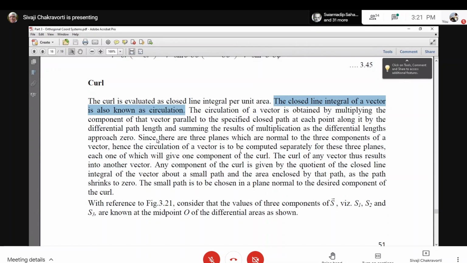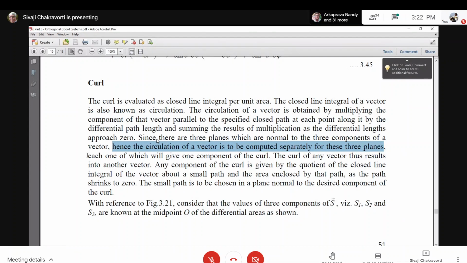Now, let us see how we do it. When we take the vector and integrate along a line, since there are three planes which are normal to the three components of a vector, the circulation of a vector is to be computed separately for these three planes. Again, I repeat, the circulation, that means the curl of a vector, has to be computed separately for these three planes.